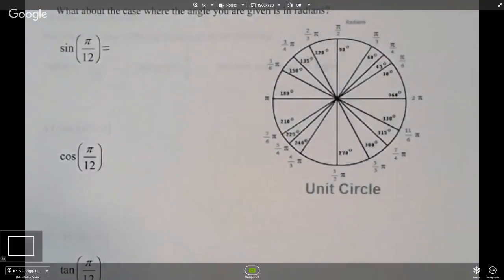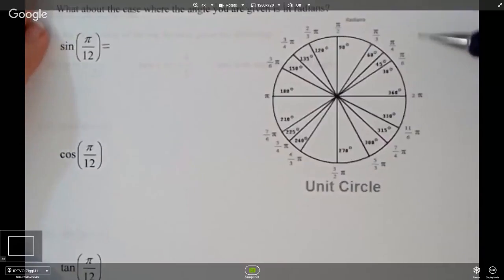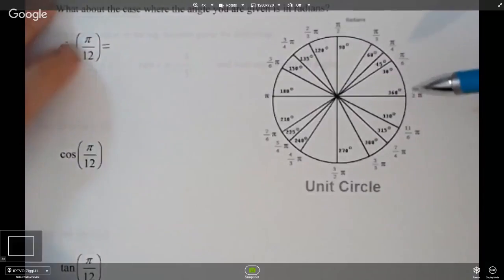And I hate to do that to you, but yes, sometimes we might have to find the sine of pi over 12 without a calculator. All right, but that's a little bit more difficult on the unit circle because we have increments here. We got pi over 6, pi over 4, pi over 3, pi over 2, and not any 12ths. So this is what I do. I change all my first quadrant and maybe a little into the second quadrant into 12ths.